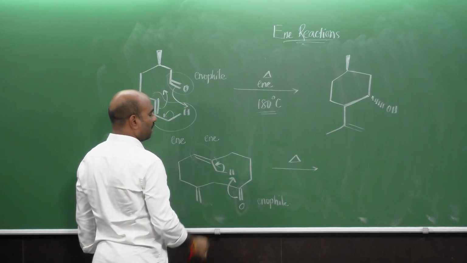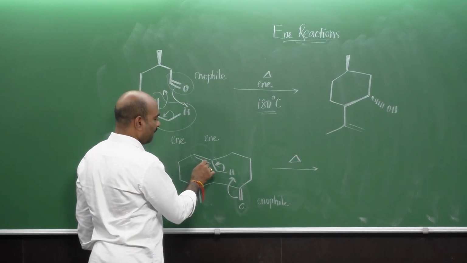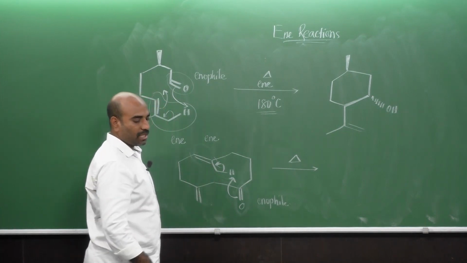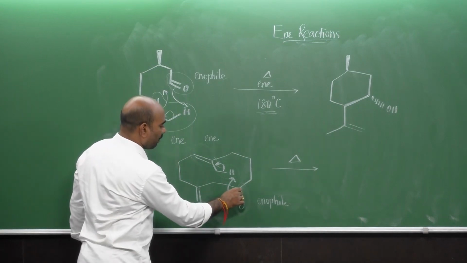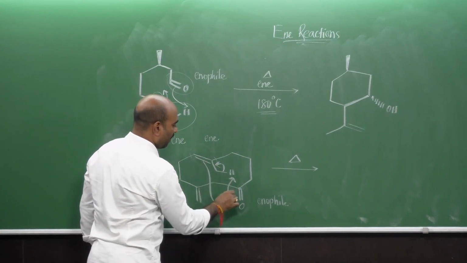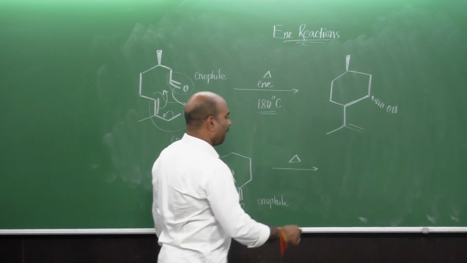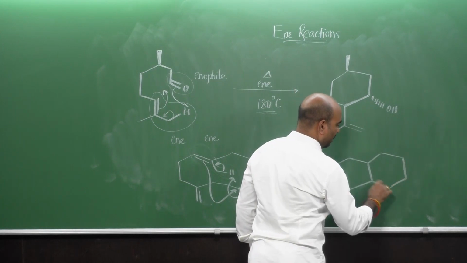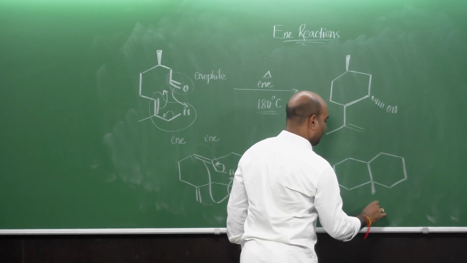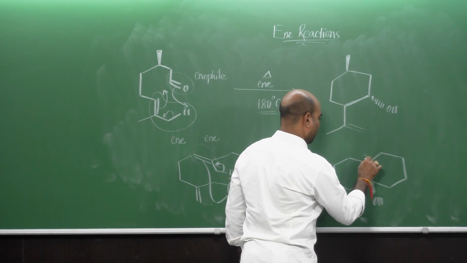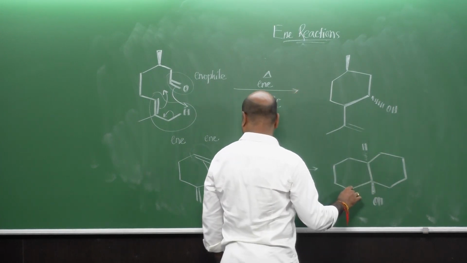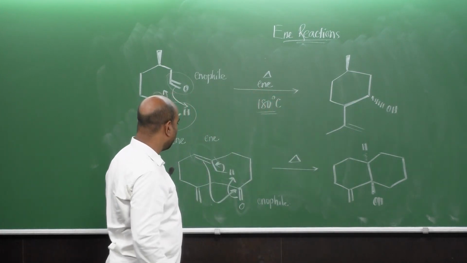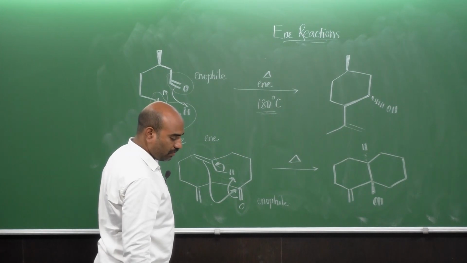This sigma bond is converted into a double bond, and then this one is going to form a new sigma bond with this carbon atom, right, like this. As a result we can see this product. Hydrogen is transferred, this double bond is unaffected, and one more double bond is being formed here.